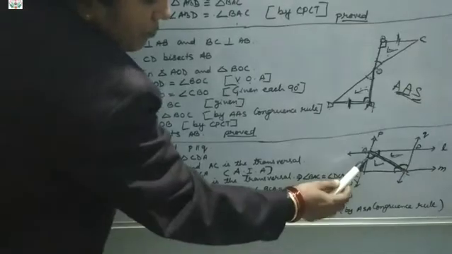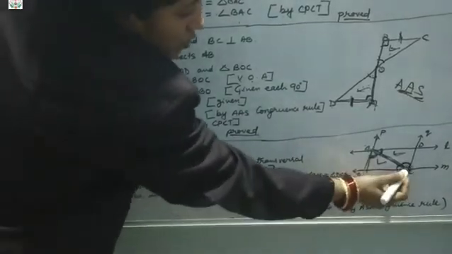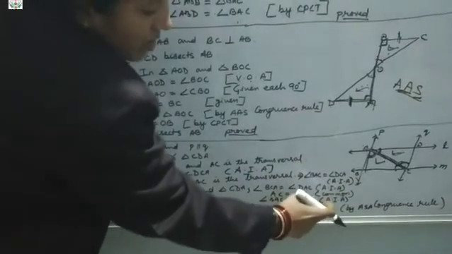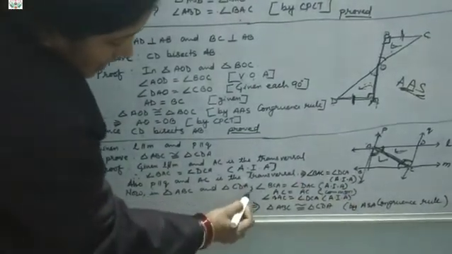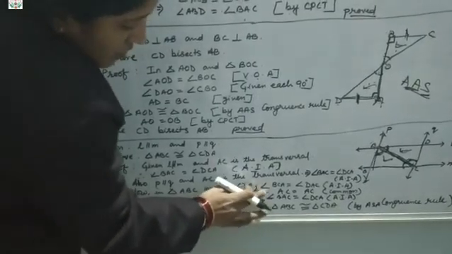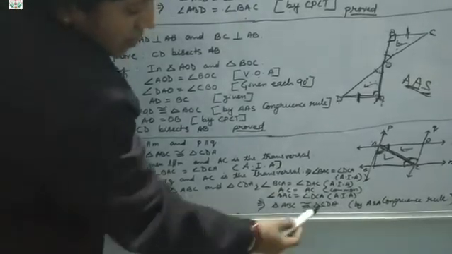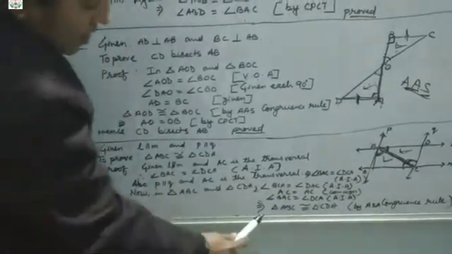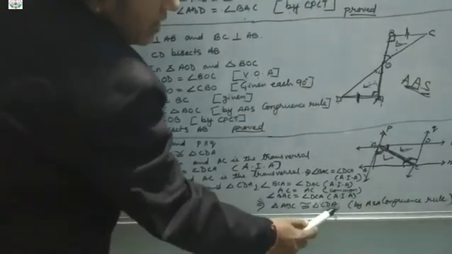Then angle BAC, this angle equals this angle. Same way, alternate interior angle. So you can see angle, side, angle. Is it not? So by ASA congruency, these two triangles are congruent. So triangle ABC is congruent to triangle CDA.